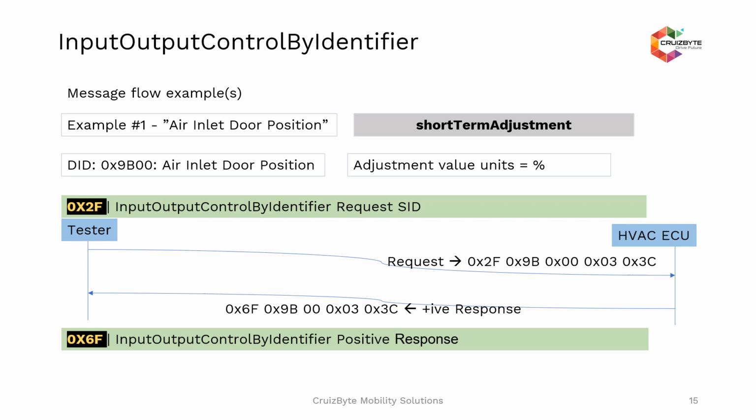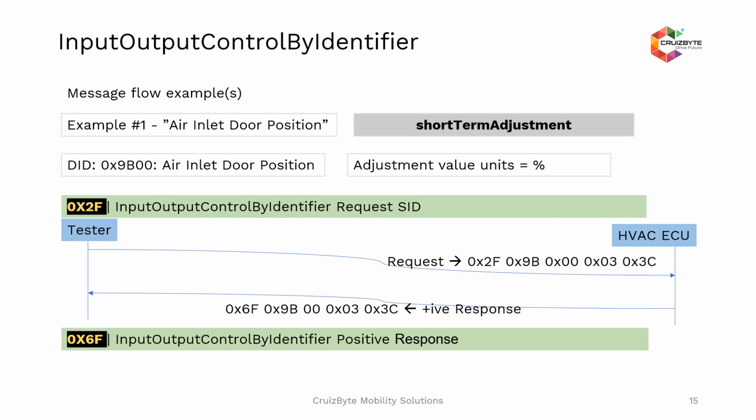The DID for this air inlet door position is 0x9B00. That is the data identifier 0x9B00. The adjustment value should be given as a percentage, varying from 0 to 100.